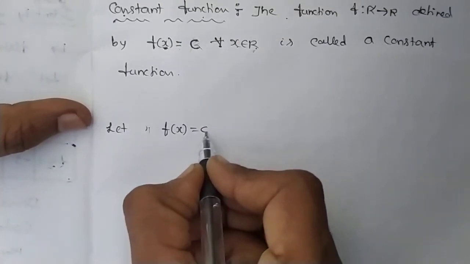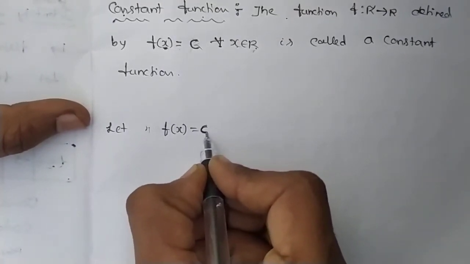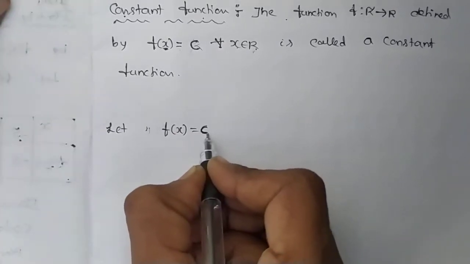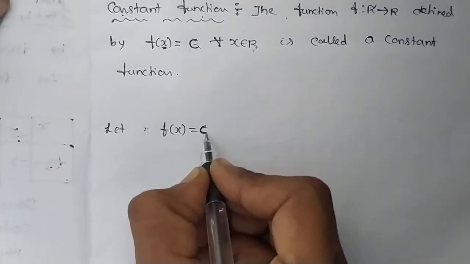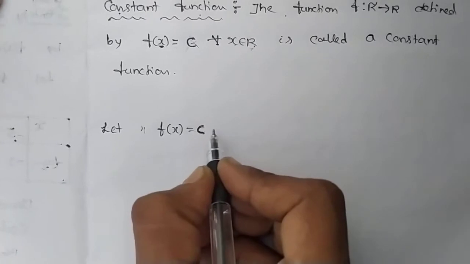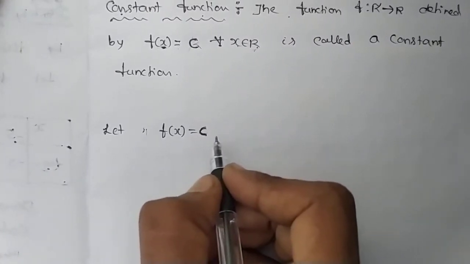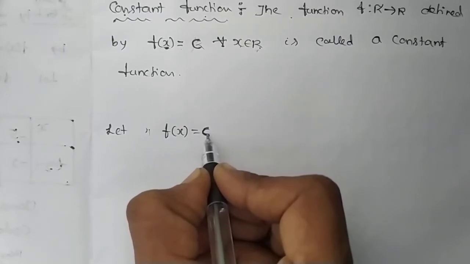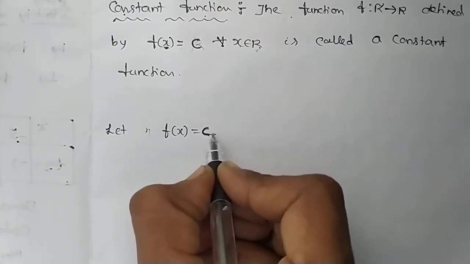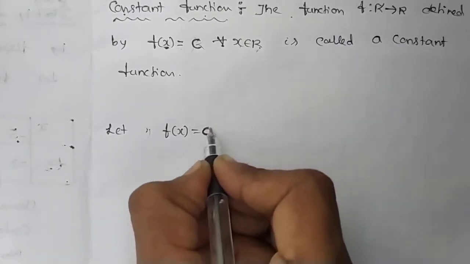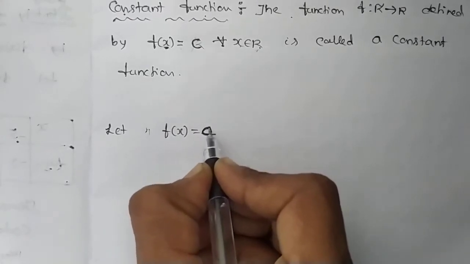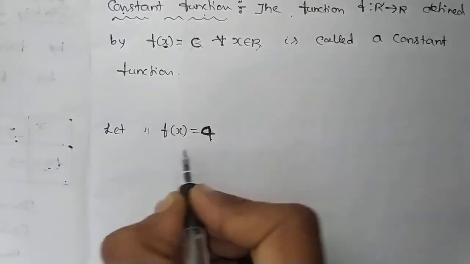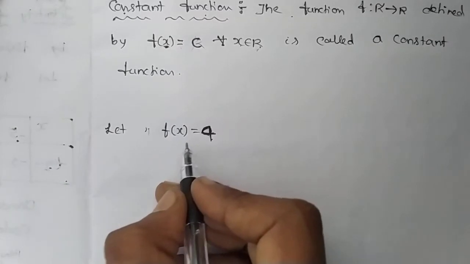You can take any constant in place of c, either 4, 5, 6, 7, 8, 1, 2, minus 1, minus 2, minus 3, minus 4. You can take any number. I am going to take the number 4. Let us take a constant function f of x equals to 4.